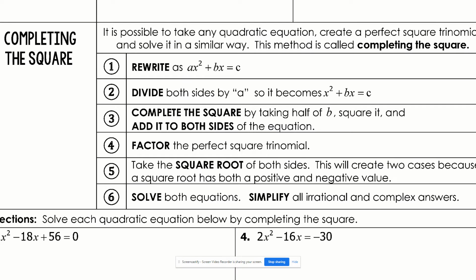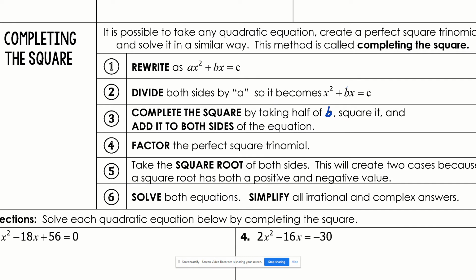Once you've done step 2 and you've divided both sides by a, if there is an a value, I like to check the b value. I like to check b. If b is not even, then I don't mess around with this because then you're going to have to deal with fractions.